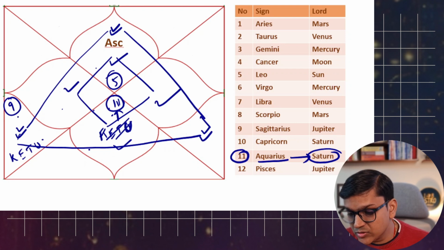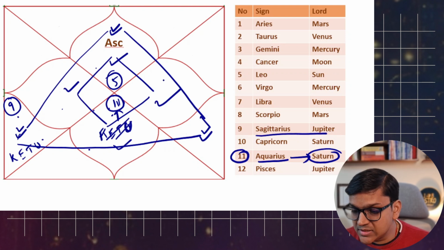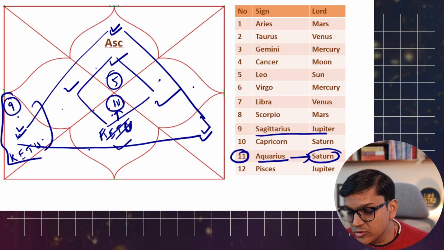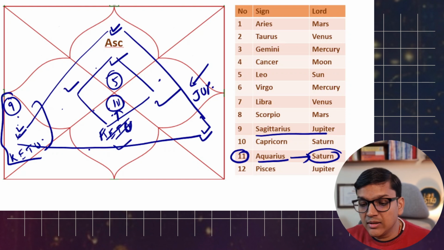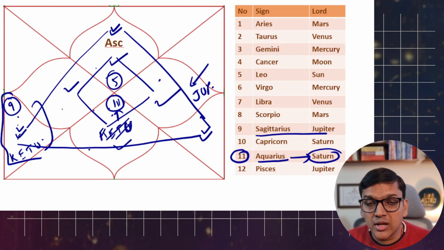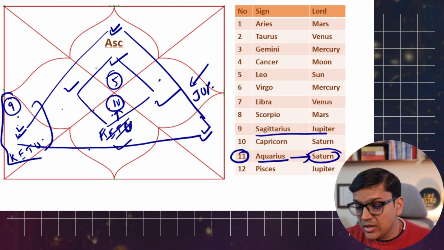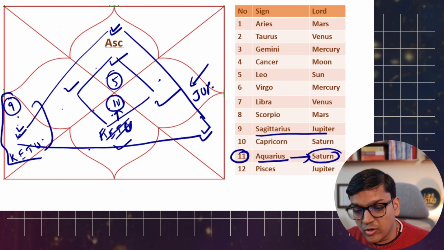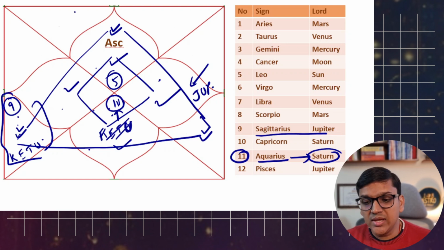So if Ketu is sitting in number 9, and Jupiter, as you see here, owns number 9. This is the trine house, and if Jupiter is sitting in the Kendra, suppose Jupiter was sitting here in the 10th house, then again it's a connection of the center and the angular house. So Ketu is again forming a Rajyoga in this case. Now this is one of the combinations. I think this is pretty easy to calculate.